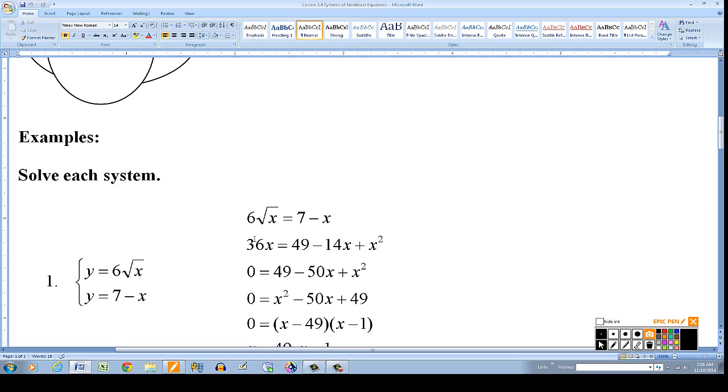So we have y equal to 6 radical x, and y equal to 7 minus x. What we could do is use a substitution and say y is equal to 6 radical x, so I could replace the y in the second equation by 6 radical x. Or I could say y equal to 7 minus x, so in the first equation, I could replace the y by 7 minus x. Either way, I get the same equation.